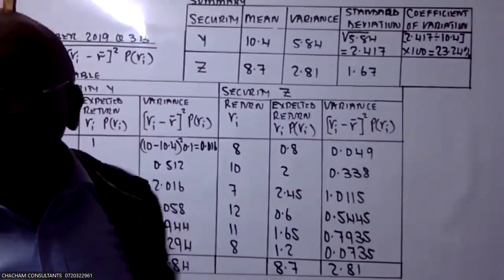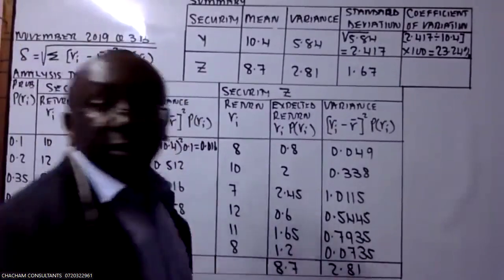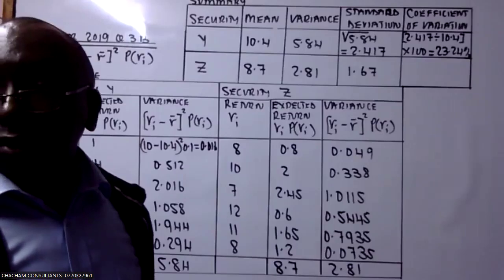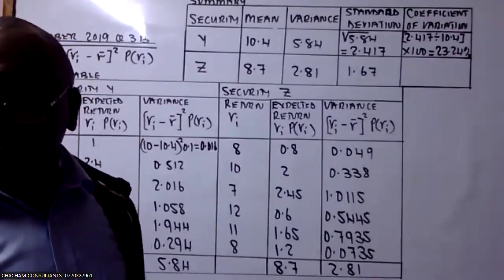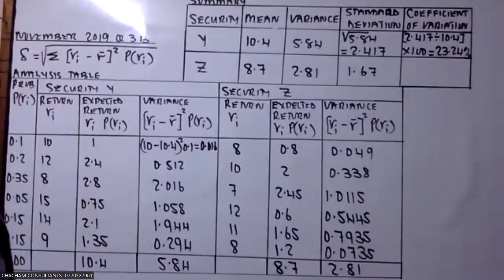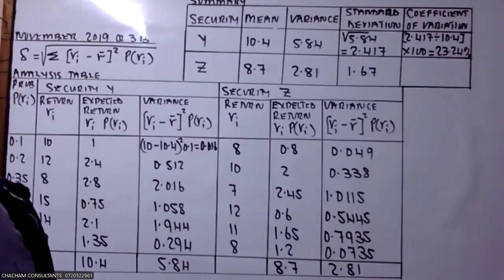Okay, 19.2%. Huh? Is it 19.2 or 19.9? Which is which? I'm saying it is 1.67 divided by 8.7 times 100. This is 19.195.